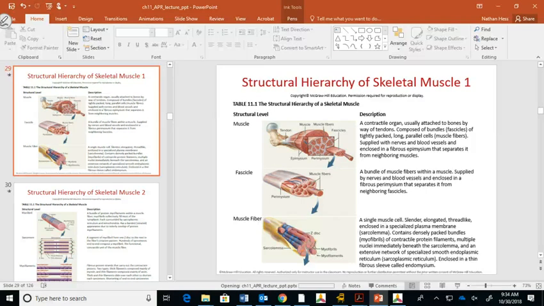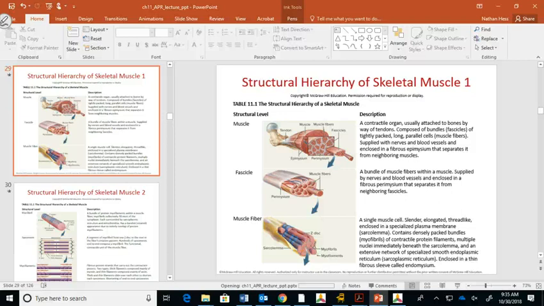All right. Come back to me now. I appreciate it. So these muscle fibers, that is your single muscle cell, right? And they're enclosed in that sarcolemma, and they contain densely packed bundles of myofibrils, multiple nuclei, the sarcoplasmic reticulum.